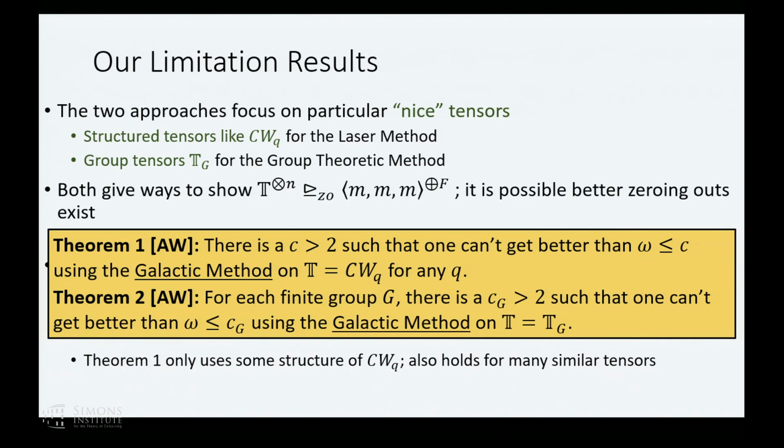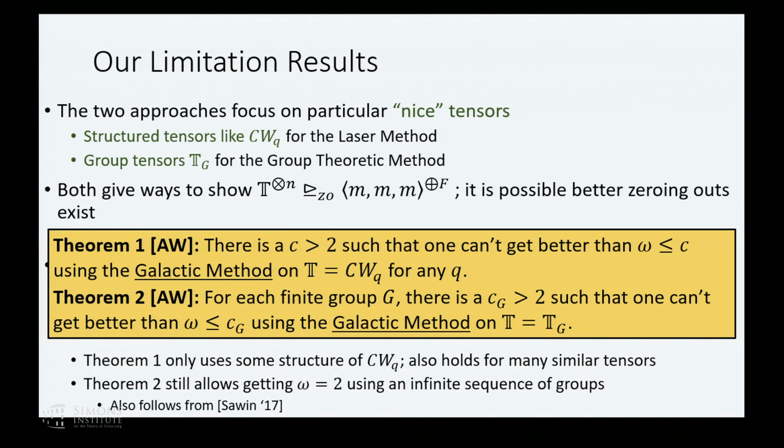Where you'll see it actually only uses a really small amount of the structure of the Coppersmith Winograd tensor, so it applies to a lot of similar looking tensors. And I think probably any tensor where the laser method could apply to it, you can say something using these types of techniques. And then for theorem 2, so Virginia mentioned this, but you get a different constant bigger than 2 for each group.